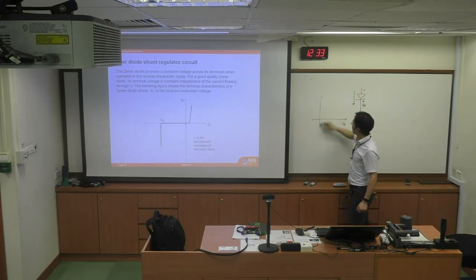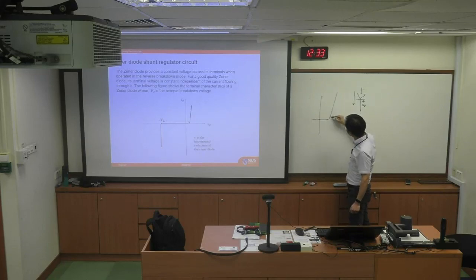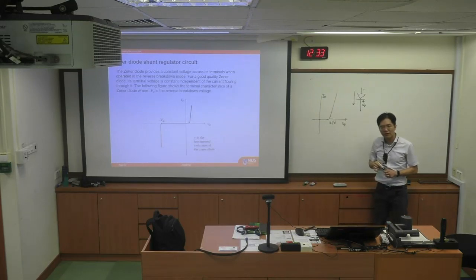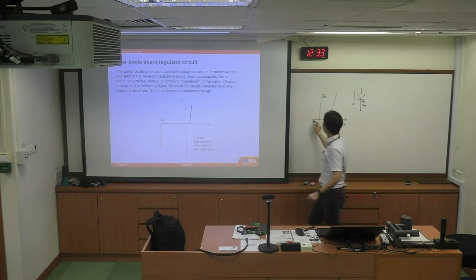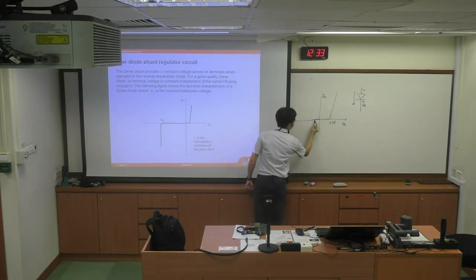And if you have the VD that goes beyond around 0.7 volt, it abruptly flows the current. That's a forward bias. In a reverse bias, the nominal diode blocks the current and then it goes to breakdown.